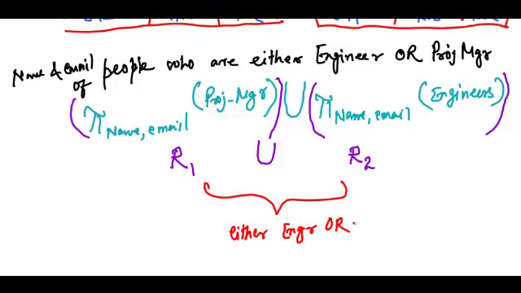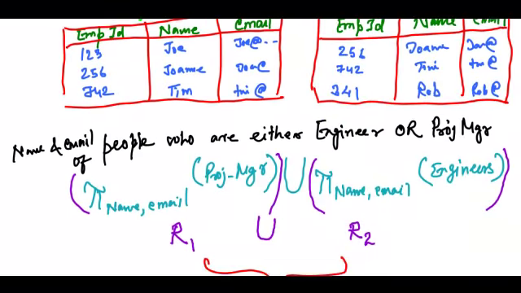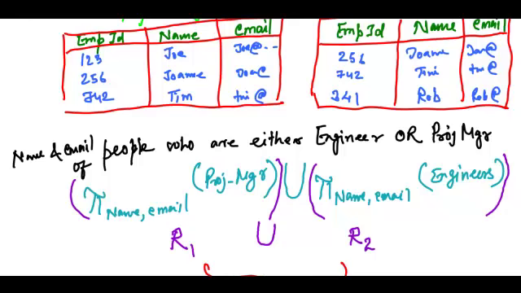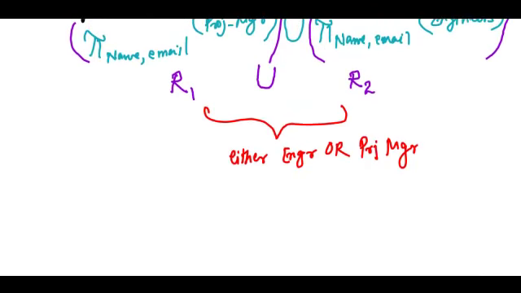So what would we have in this table? We will have Joe, Joanne, Tim and Rob.